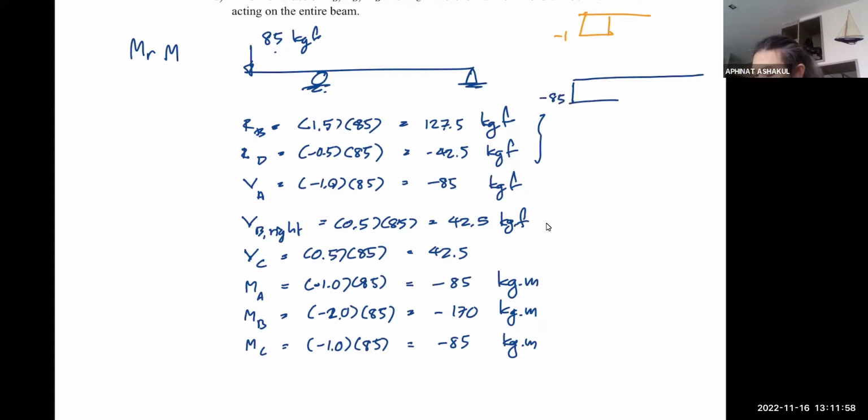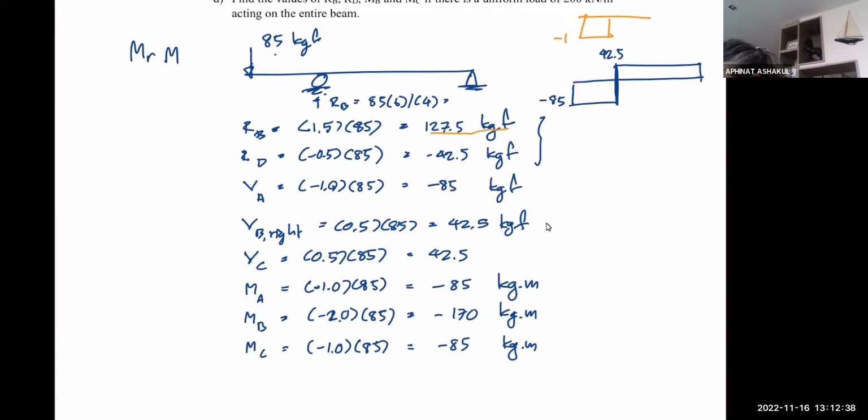If you really want to calculate the reactions, the RB here is 85 multiplied by 6 divided by 4, which is essentially 127.5, and it goes back. This line is 127.5, so this is 42.5. So that's your shear force diagram.